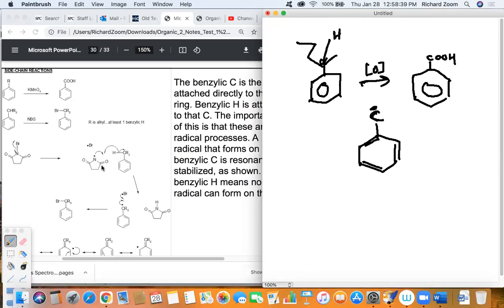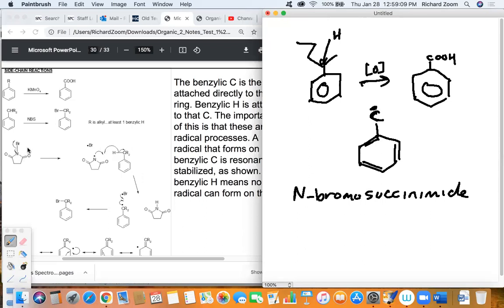The other possibility is the use of another compound called N-bromosuccinimide, NBS. And this compound allows for the formation of this radical specifically on the C by first of all forming a radical itself.